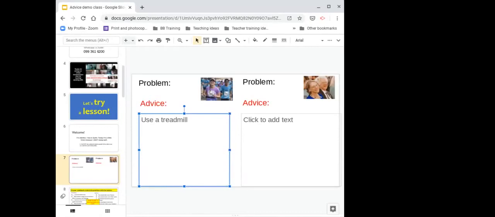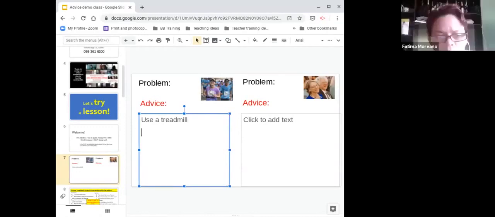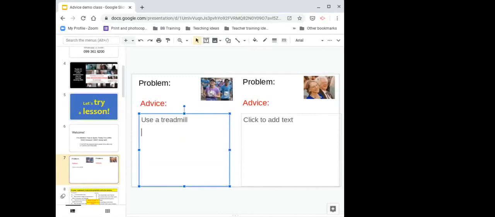I want to run and I can't run. You can speak or you can write in the chat box. Advice for my problem. My problem is I cannot run because of coronavirus and the quarantine.